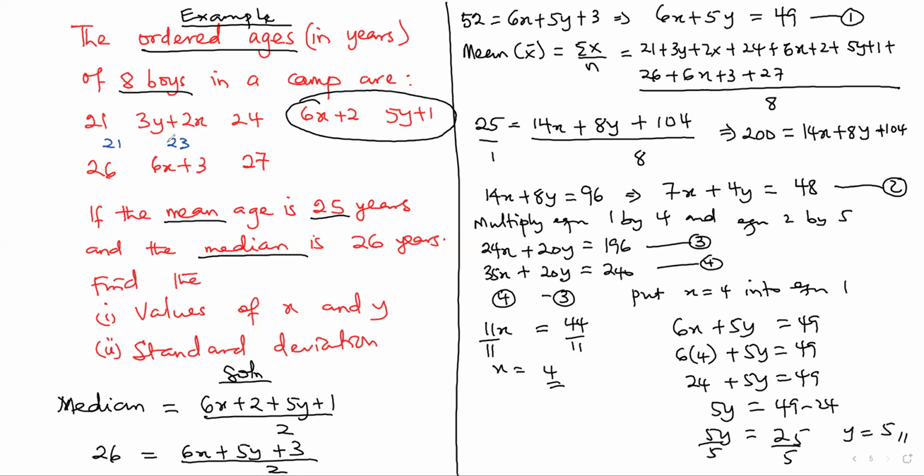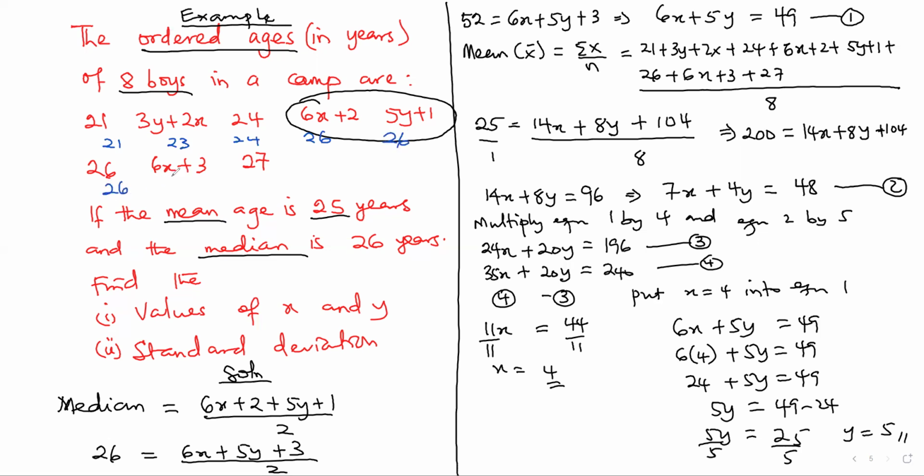So we have 21, 23, 24. Over here is 6x plus 2, our x is 4. 4 times 6 is 24 plus 2, 26. Over here, our y is 5, so 5 times 5 is 25 plus 1, 26. Over here, we have 26.